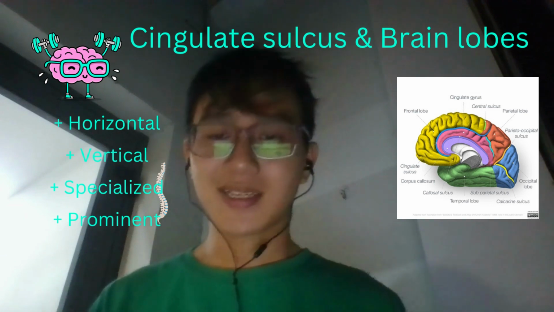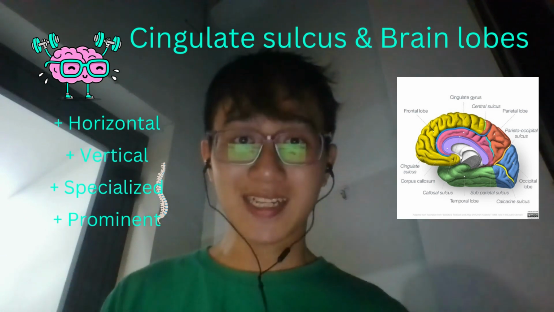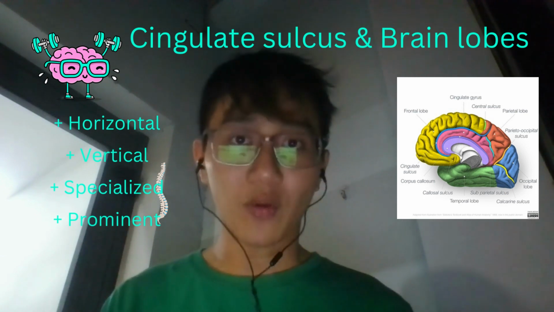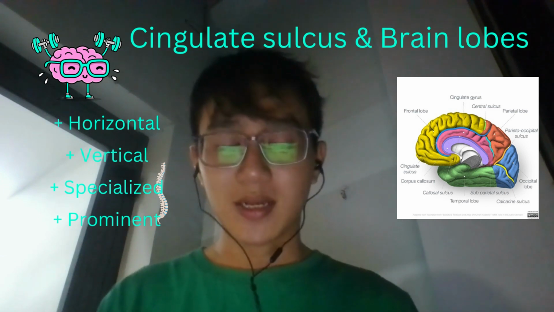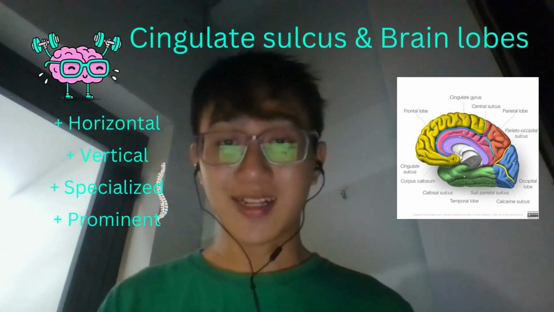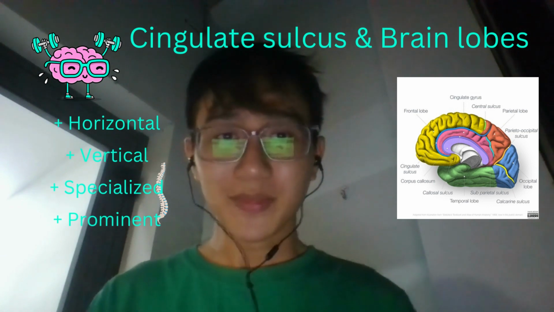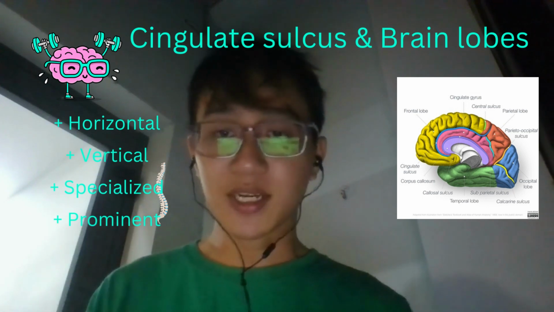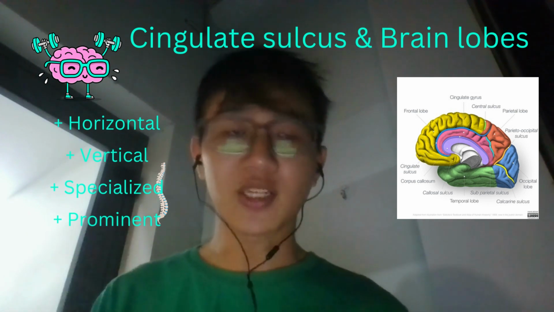Yeah, we have said that the brain contains four lobes, isn't it? And three of them are included in this part of the brain, separating the cingulate cortex and the limbic lobe from the frontal lobe and parietal lobe.